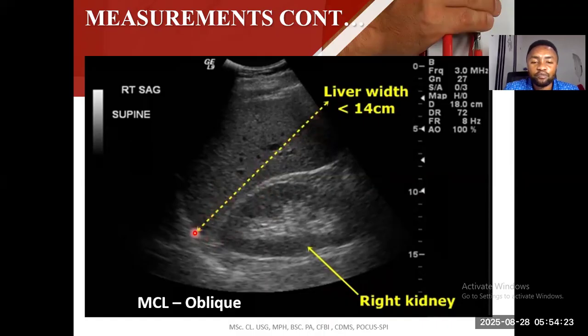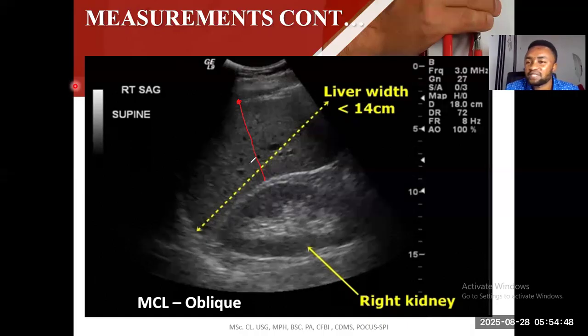You start from the diaphragm and you measure, you slant it. Have you seen how it is slanted? You slant it like that. You have captured the liver this way, and you are going to stand here and measure it this way. No, how can you measure a liver like this? You have cut it into two. We don't do that.